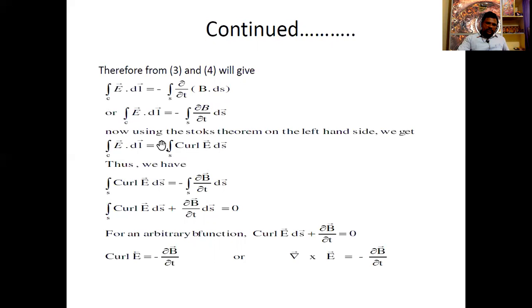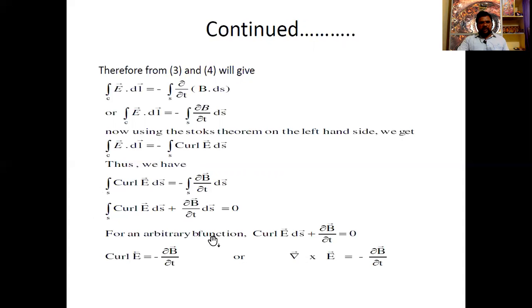Substituting this here, the surface integral of curl of E bar dot ds bar is equal to minus the surface integral of dou B by dou t dot ds bar. Rearranging the terms, we can write the surface integral of curl of E bar plus dou B bar by dou t dot ds bar is equal to 0. This surface integral becoming 0 means this portion should become 0.